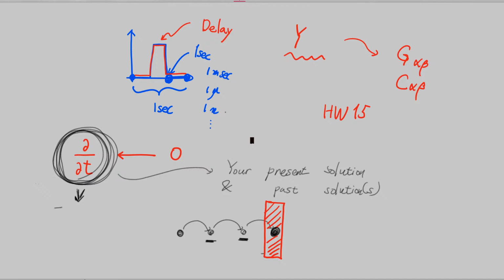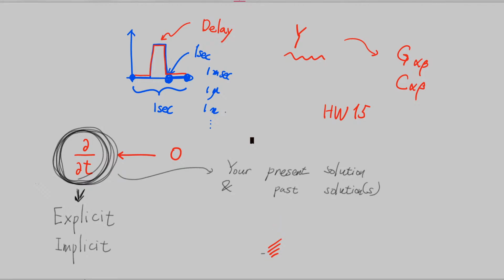Please note that there is something called the explicit method and the implicit method. What's the meaning of these two terms and what is the difference? Let me just explain it. I'm not quite sure I can deliver their difference quite well, but let's just try.